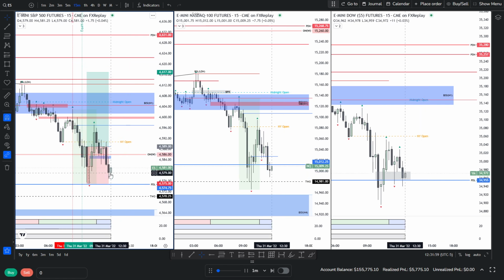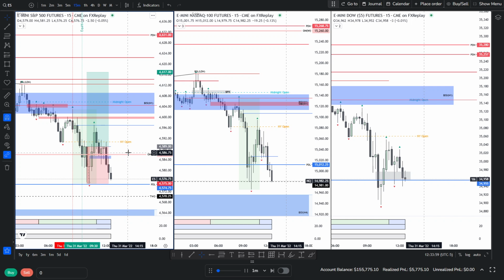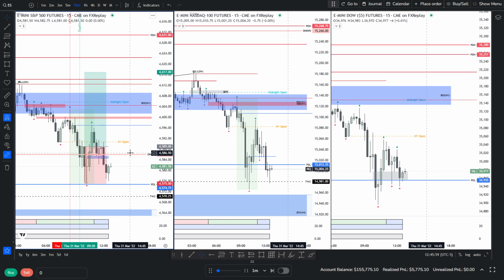So this is now past New York, into New York lunch, where we're likely to see... I can't see why ES would not now take out that low, but again, could be wrong.